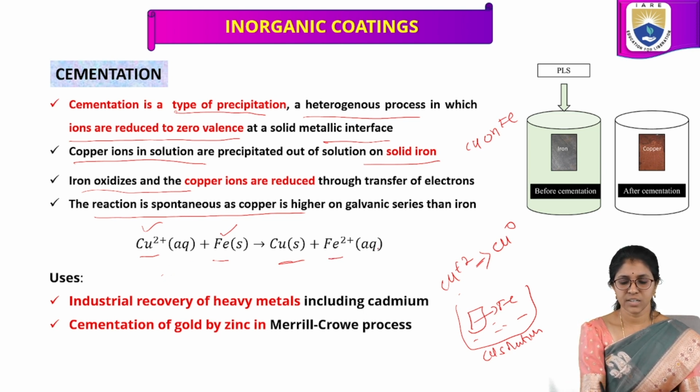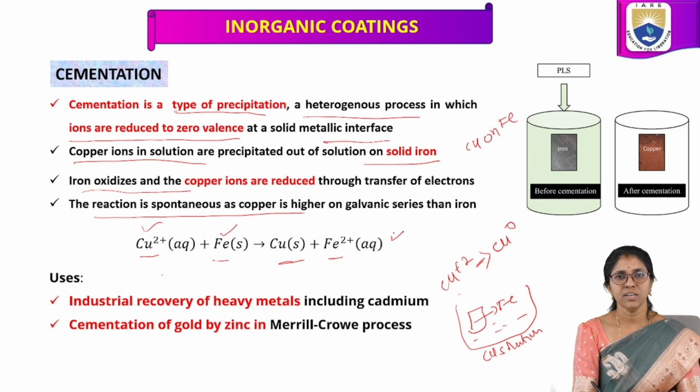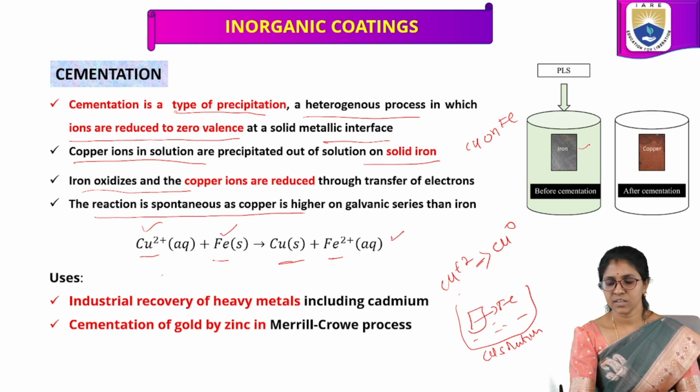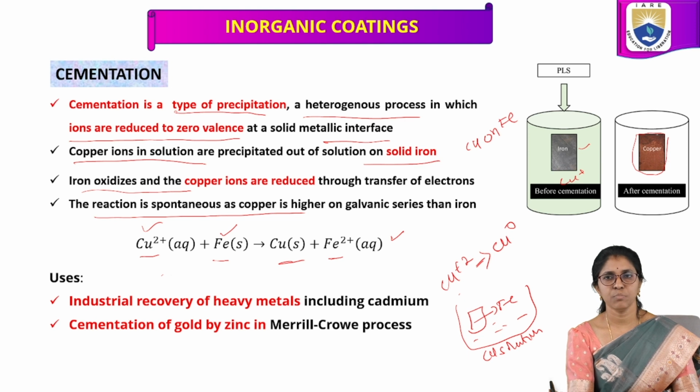Here we are taking an iron sheet in the copper sulfate, copper plus 2 solution, and these copper ions are coated on the iron. So this is copper coating on iron by the cementation process.